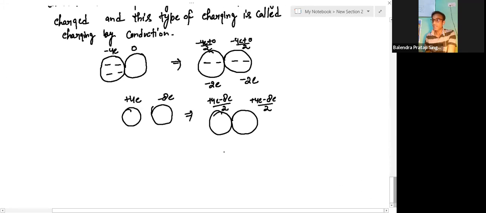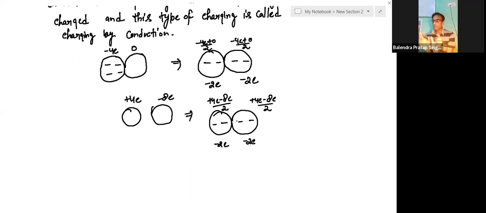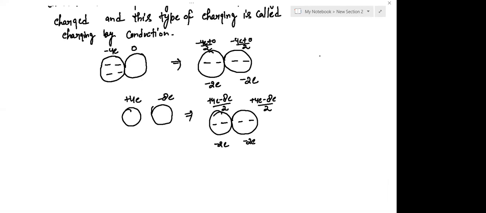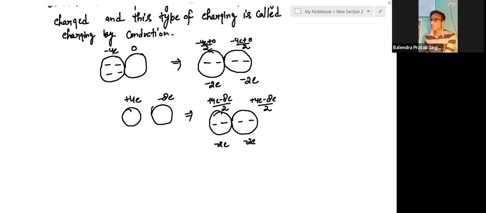So it's minus 2e and minus 2e. If you remove these two bodies, both bodies are equally charged. In this way we can charge by conduction. These are examples of charging by conduction. Is it clear now, all of you? If anyone has any question, please ask.